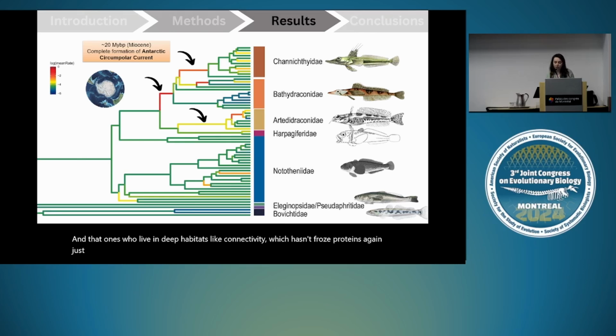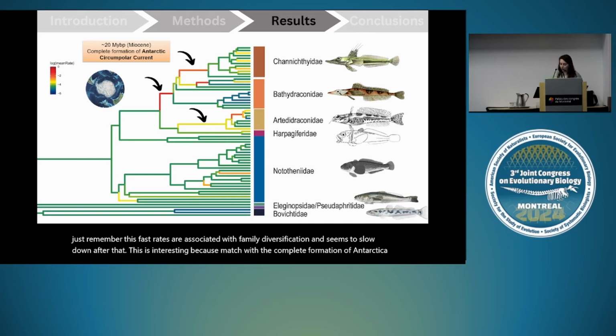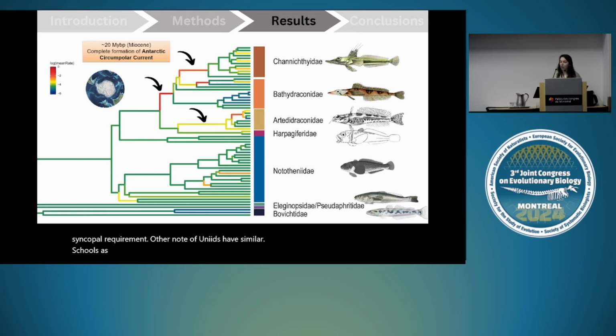These fast rates are associated with family diversification and seem to slow down after that. This is interesting because it matches the complete formation of the Antarctic Circumpolar Current. Other notothenioids have skulls similar to other perciforms, and they don't have considerably fast rates of shape evolution.